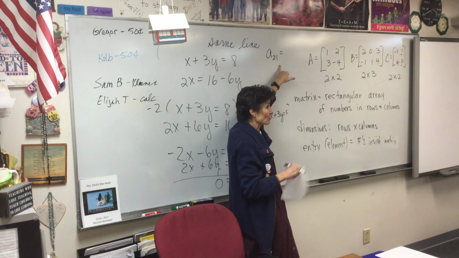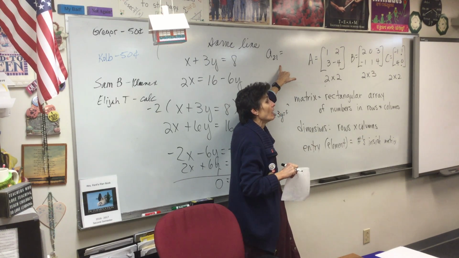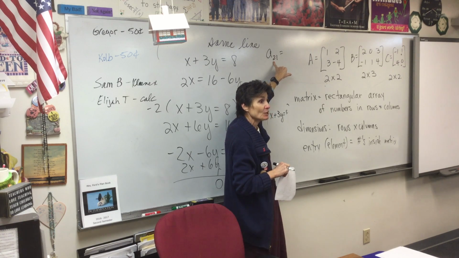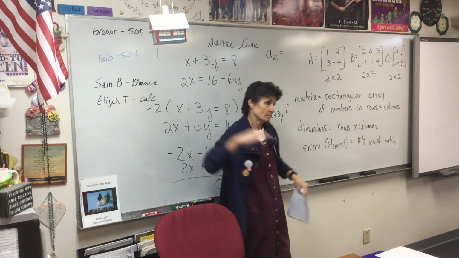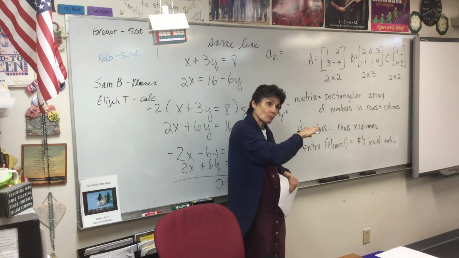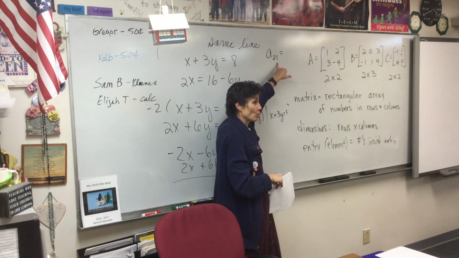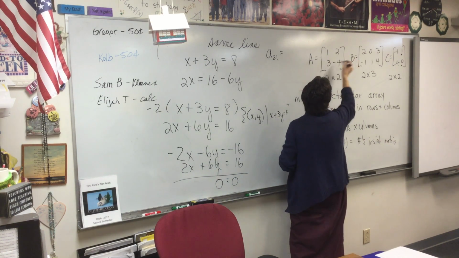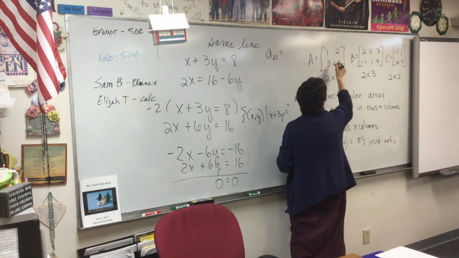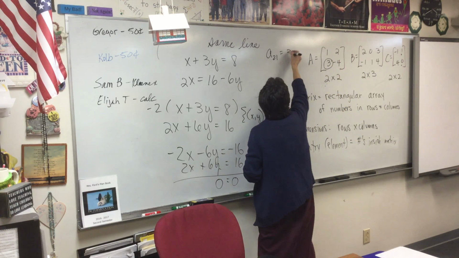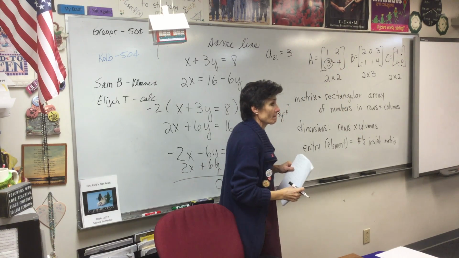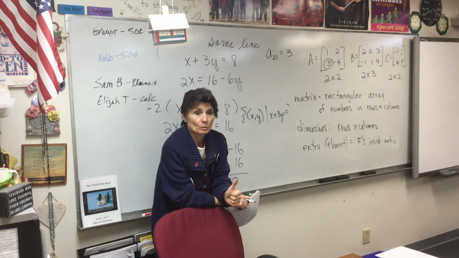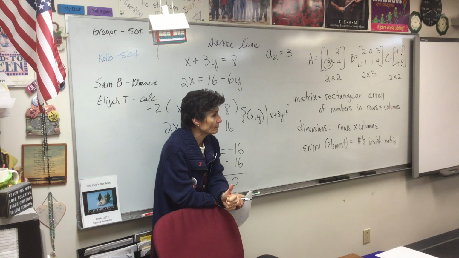Row comes first. So I'm looking at the second row of the bleachers, and the first column. So in matrix A, the second row and the first column, that number is a 3. A sub 2,1: go to matrix A, row 2, column 1.